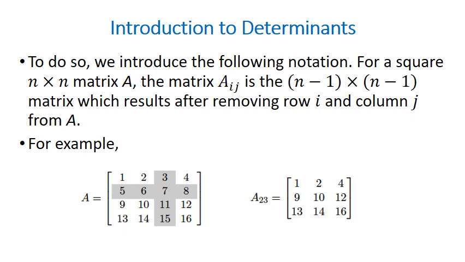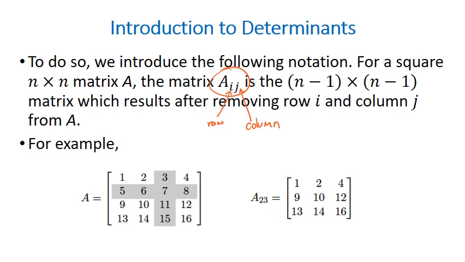So the first thing we are going to talk about is remembering what this notation means. So this just means matrix A, and remember that this is the row and the column of a specific entry. So what we'll do is we will remove a specific row and column.